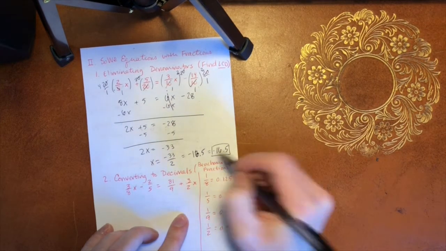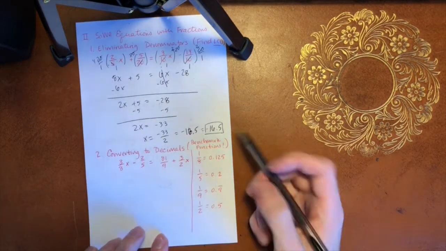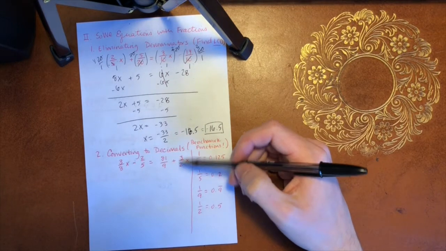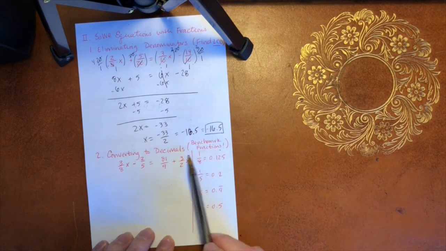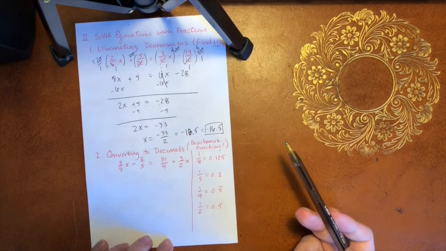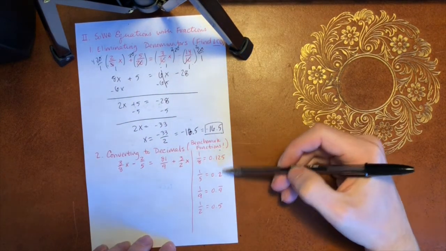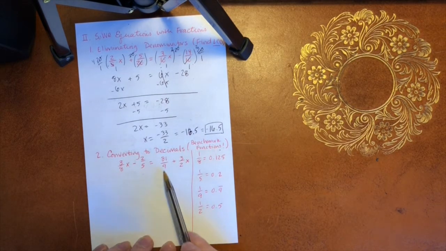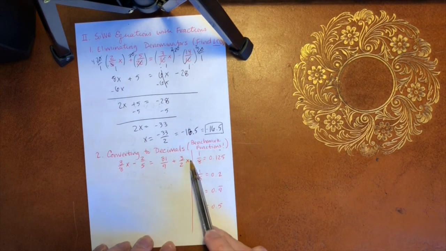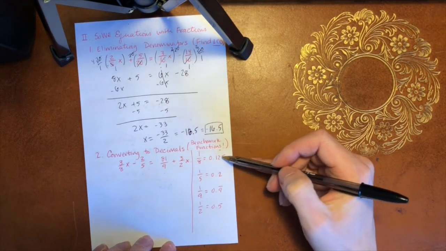Cool. All right, the other option that we have when our denominators are not so easily related to each other is using benchmark fractions to convert our fractions to decimals. And we see here, I wrote out some benchmarks that we can use. 3 over 8x minus 2 over 5 equals 81 over 9 plus 3 over 2x. Well, 1/8 is 0.125.